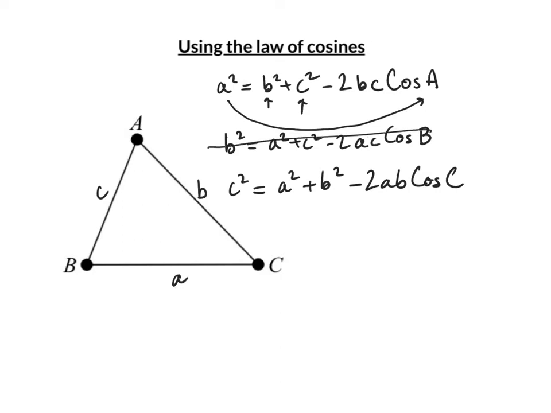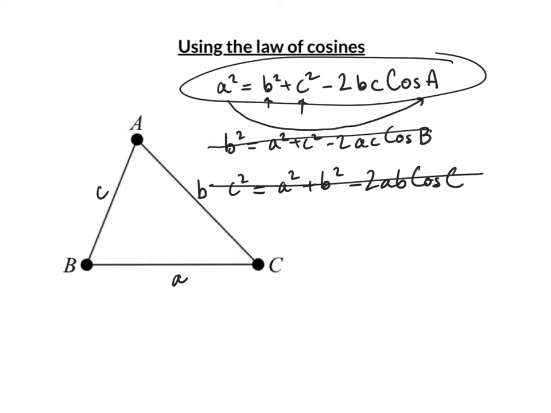You don't need these. This is what we're looking at. And the important thing to realize is that the side you start with, in this case a squared, you end with the cosine of the angle that's opposite that side. So in this case, cosine A.